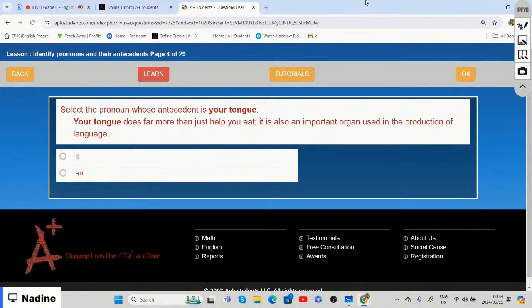So your tongue, does it refer to it as the pronoun or an as the pronoun? What is the pronoun that refers to your tongue? It says your tongue does more than just help you eat. It is also an important organ used in the production of language.